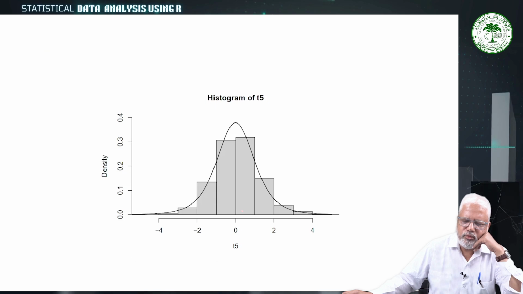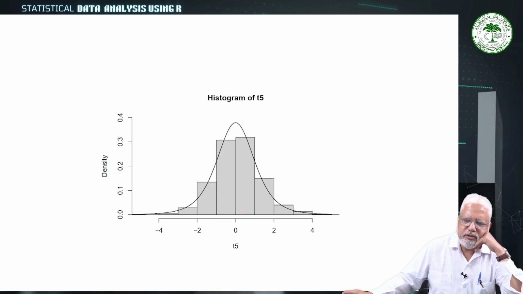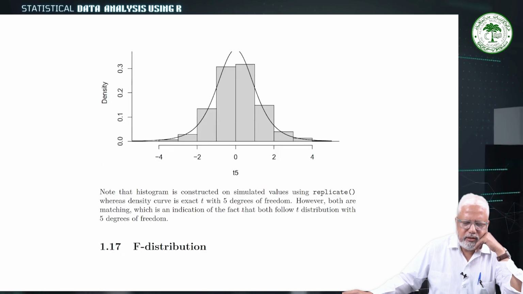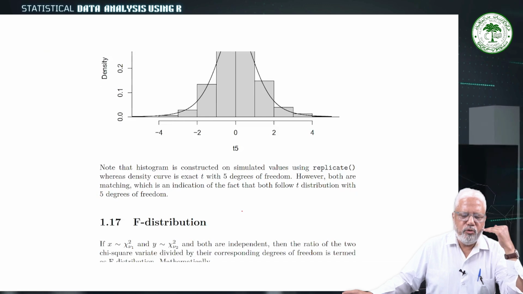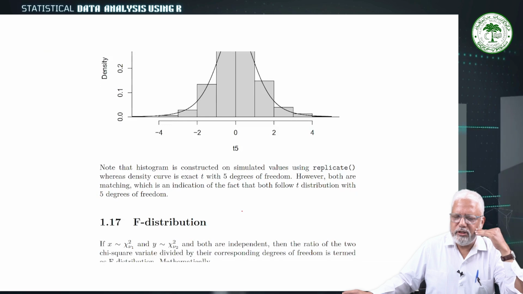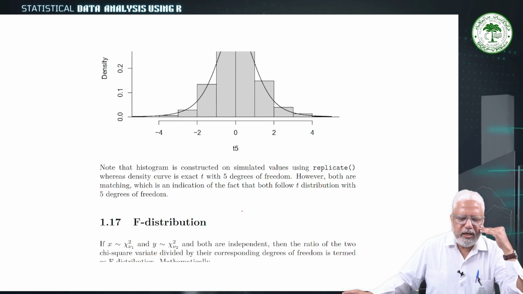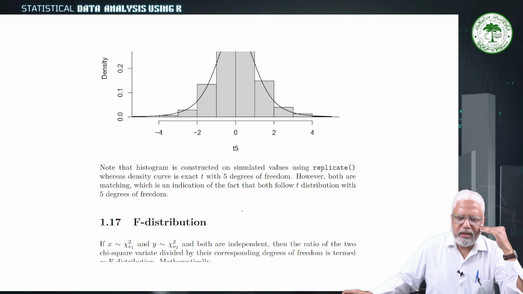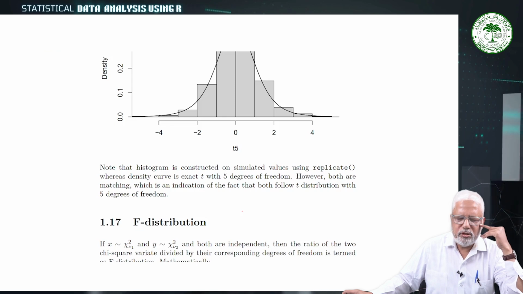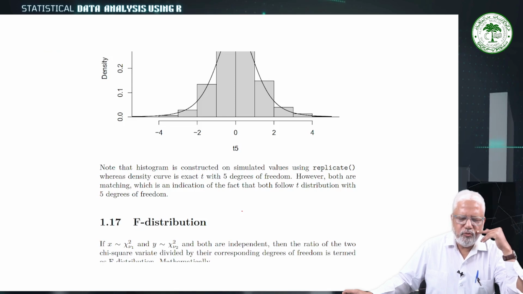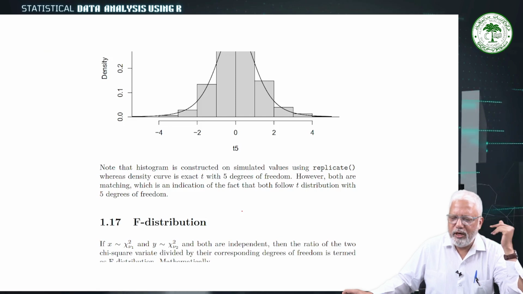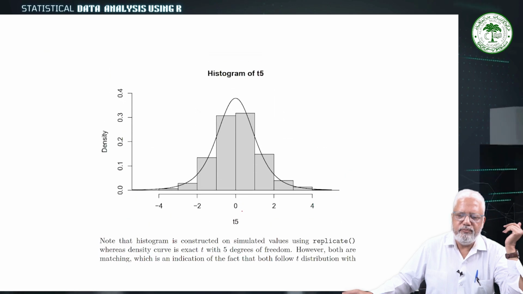Both are matching together, so that means our simulation is very much correct. Note that the histogram is constructed on simulated values using replicate, whereas the density curve is exact T with 5 degrees of freedom. However, both are matching, which is an indication of the fact that both follow T distribution with 5 degrees of freedom.